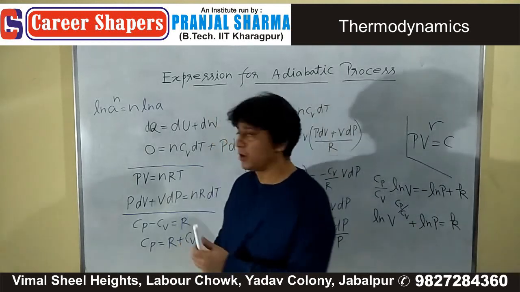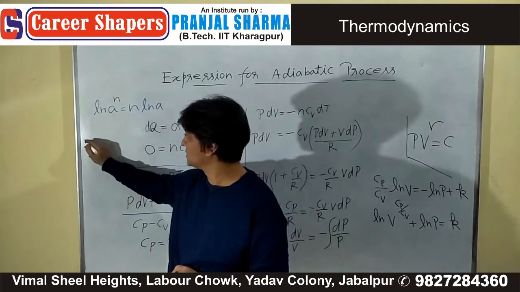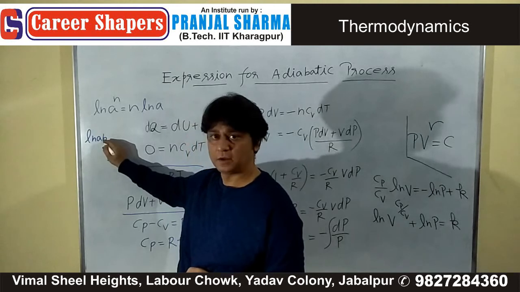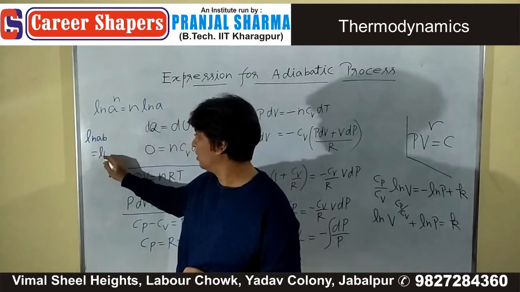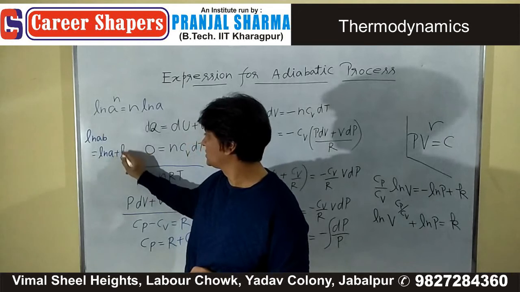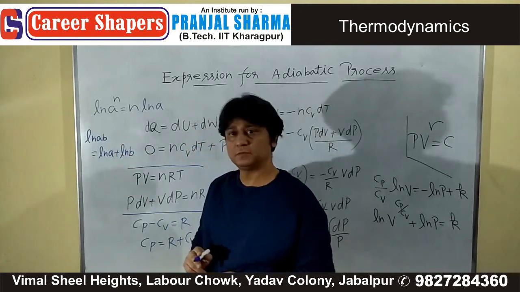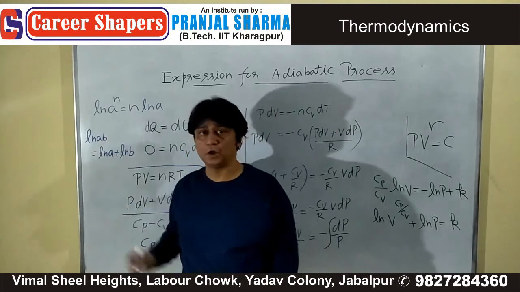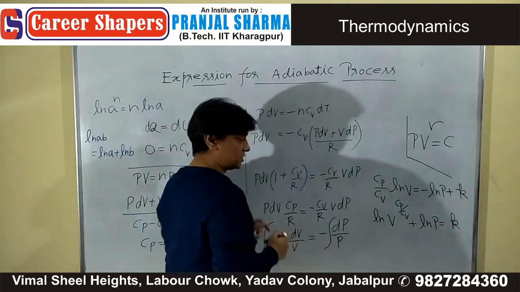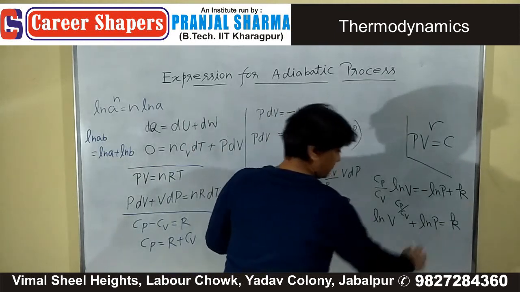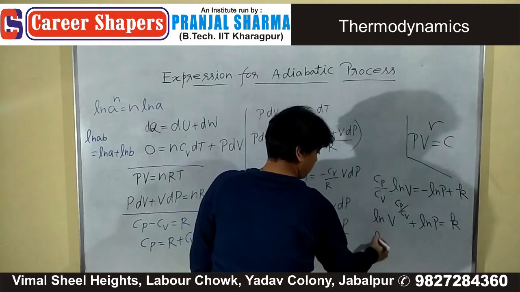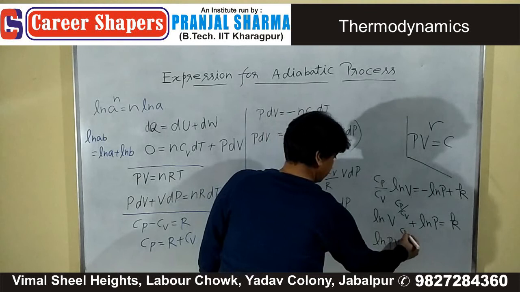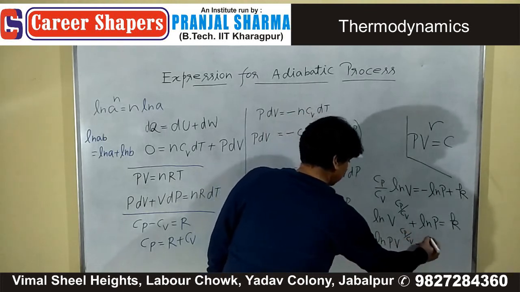Then the next property of log which we will be using is this: log of A B is log of A plus log of B. And therefore, this is log A plus log B, which becomes log of P V to the power Cp upon Cv is what?